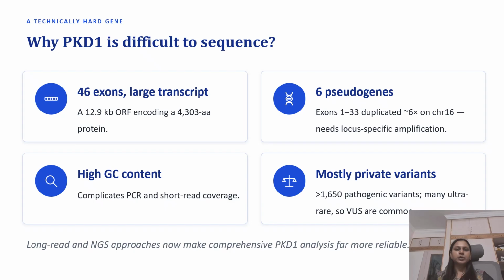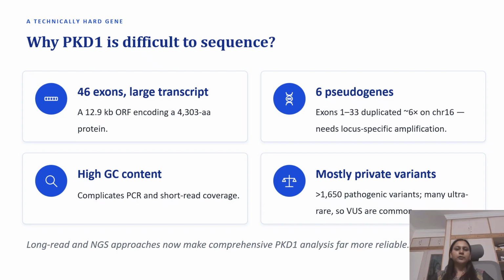PKD1 testing has been historically difficult and also VUS are common when you receive the report. Why is it? That is because PKD1 is a large gene. It has 46 exons, a 13 kilobase coding sequence. Crucially, exons 1 to 33 are duplicated about 6 times as pseudogenes on chromosome 16 with very high homology. So you need locus-specific amplification to avoid contamination from those copies.